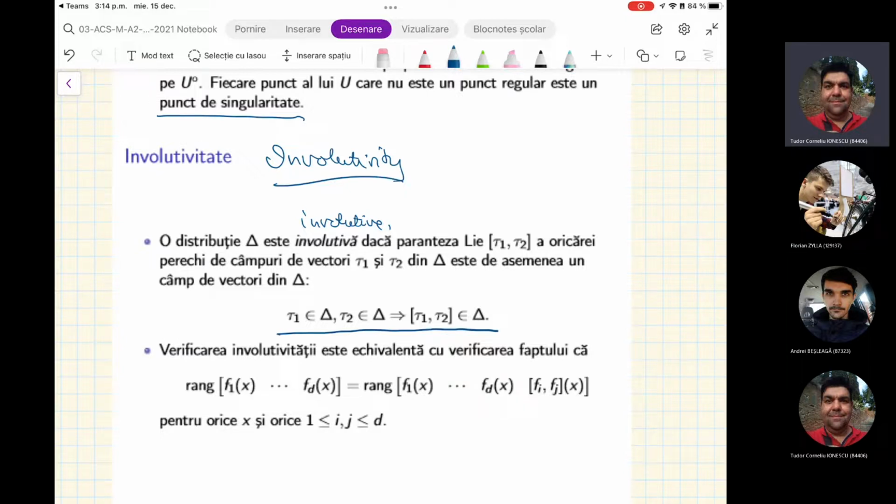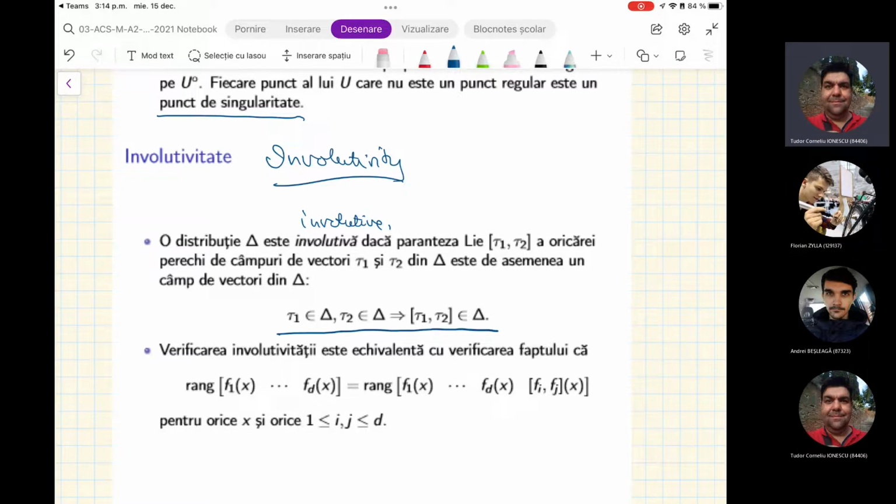Checking this property is checking a rank property, just like controllability. And if you check this for linear systems, then you'll probably get the rank condition of the controllability matrix. You have to check the rank of the distribution f1 up to fd. That's the dimension of the distribution, essentially.